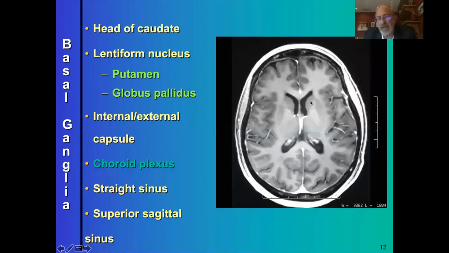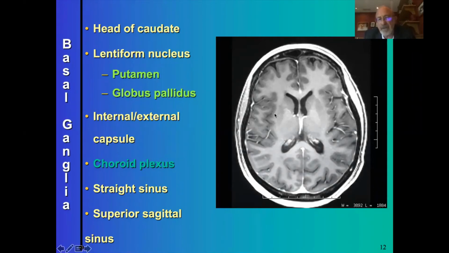Here, along the anterior horns, would be the head of the caudate nucleus. Over here is going to be a second group of basal ganglia. We'll see that they're paired. In fact, these structures are typically paired. And this is referred to as a lentiform nucleus right over here. The lentiform nucleus was described by early anatomists as being the shape of a lens, thus the term.